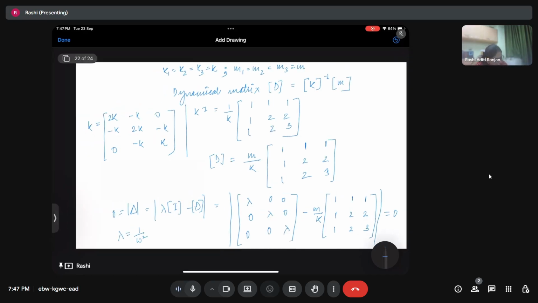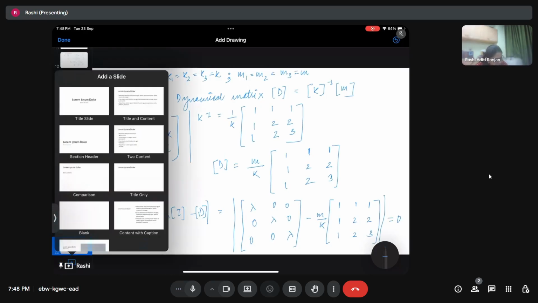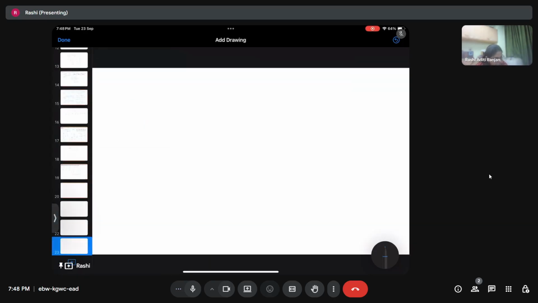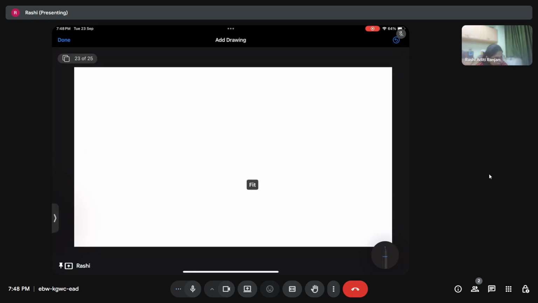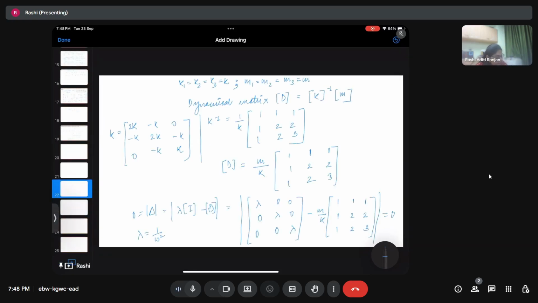So now if we solve it, for now we can assume, see over here we are going to have lambda minus M by K. Okay, lambda minus M by K. If I divide everything by lambda, we get M by K into lambda.